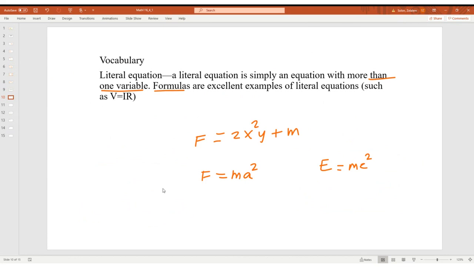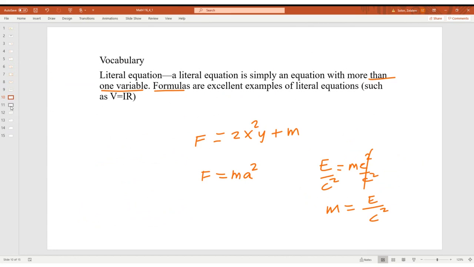So when we say solving a literal equation, it's just rearranging the equation so that you have the variable you are looking for by itself on one side of the equation. For example, if I want m by itself, I have to divide by c squared, so that m becomes by itself. So the mass m is energy over speed of light squared. That's basically what I mean by solving.